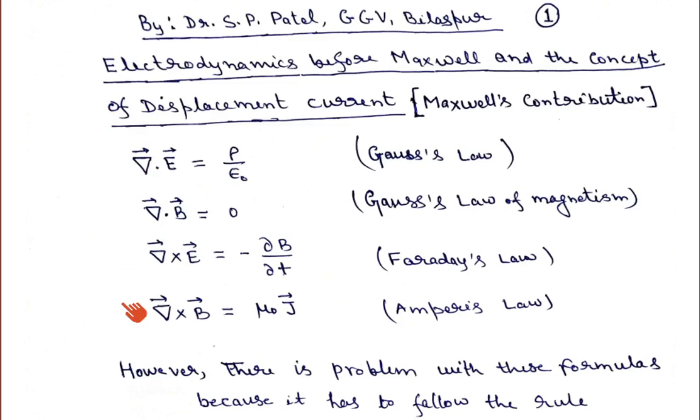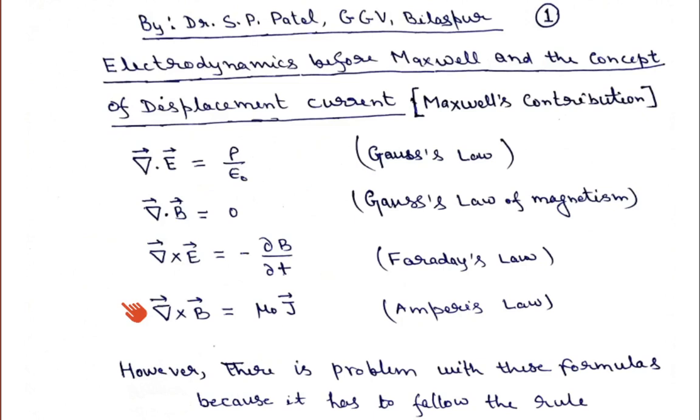These four coupled equations are known as the Maxwell equations, and they explain all electrostatic and magnetostatic phenomena. Before Maxwell, what we had learned I will introduce in this lecture, and then what the contribution of Maxwell was, and because of his significant contribution, why these coupled equations are called the Maxwell equations. So let us start.